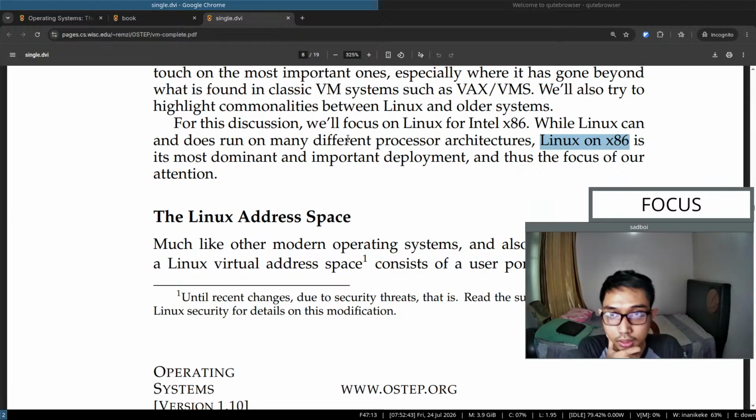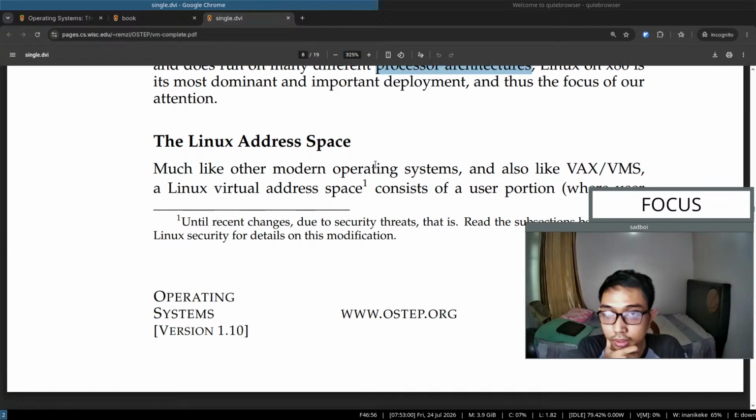Linux on x86 is the most dominant and important deployment, and thus the focus of our attention. Alright, so we will focus on the Intel x86 architecture.